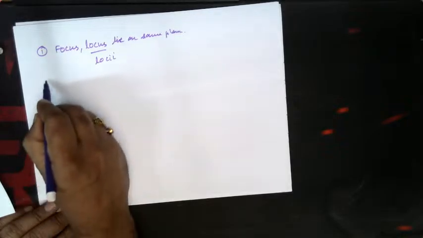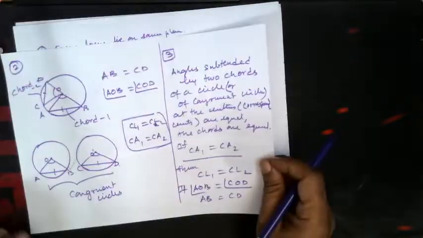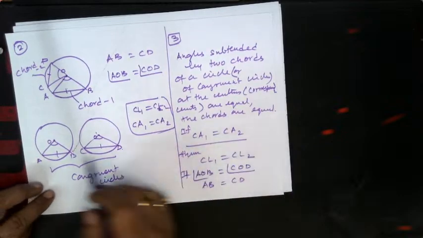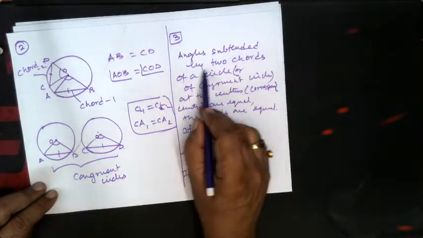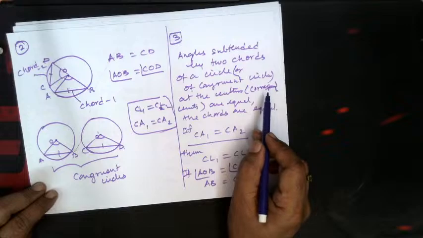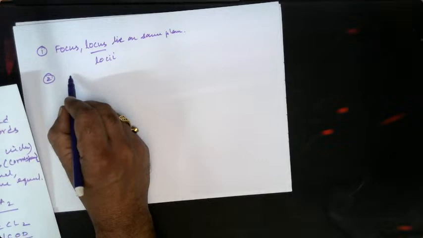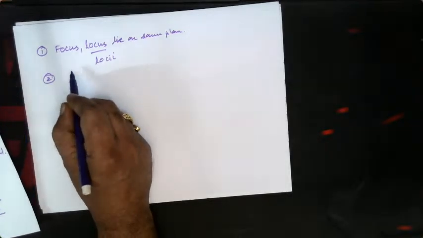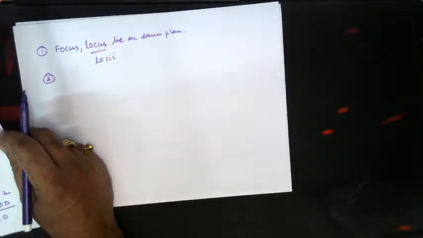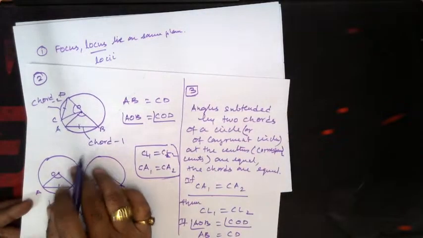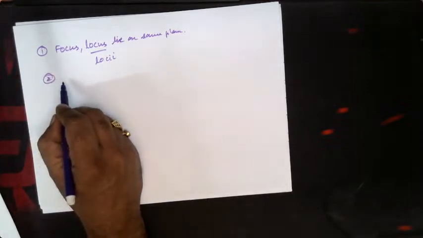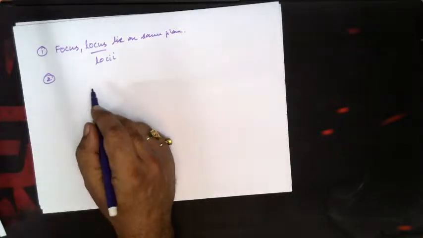The plural form is loci, many points. And what is the second point? Angles subtended by two chords of a circle, or by equal chords. So angle, center angle. Sir, that's the theorem, sir. No, we can consider all these as points only. I am just summarizing all the concepts of the circle.